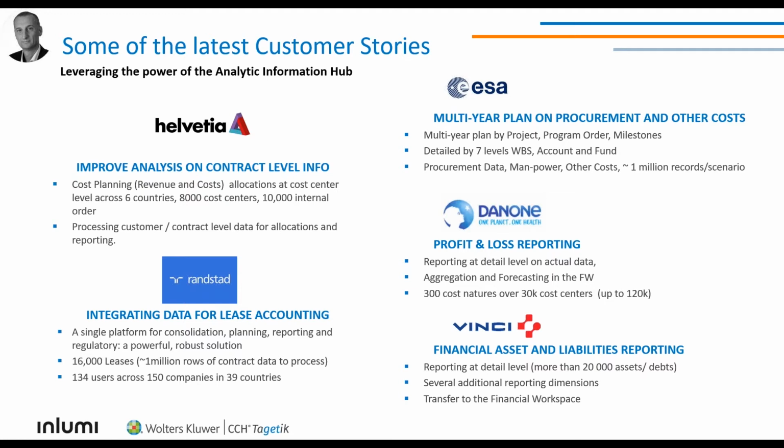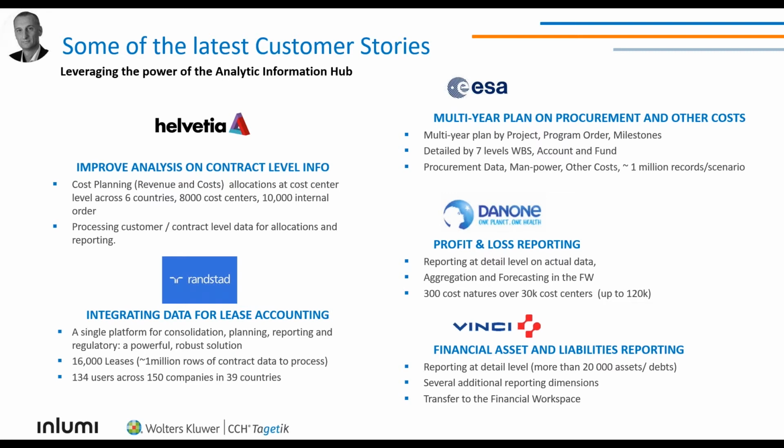So they do that on a very detailed level, and they are processing millions and millions of records to plan each individual project. At Danone, they are doing profit and loss reporting with CCH Tagetik, and to gain more insight, they loaded detailed data in the Analytical Information Hub on 30,000 cost centers for 300 cost types.